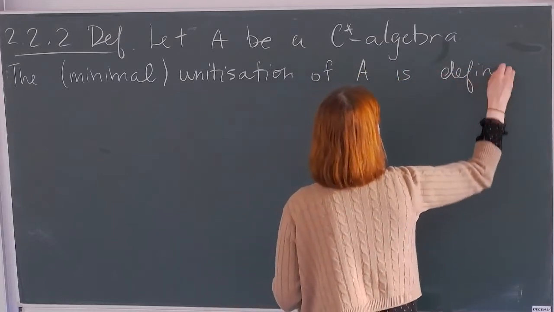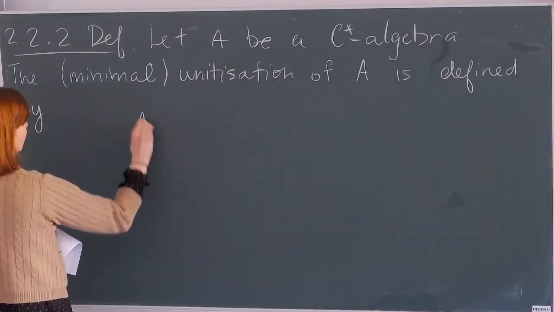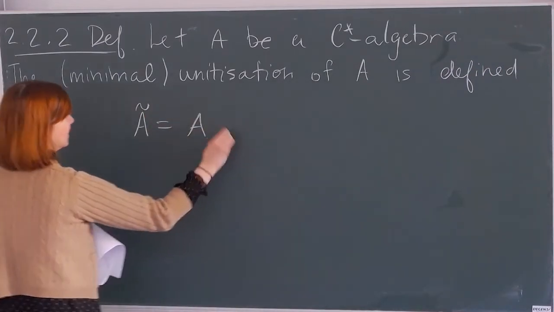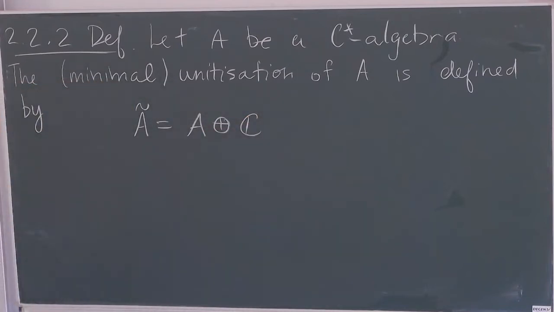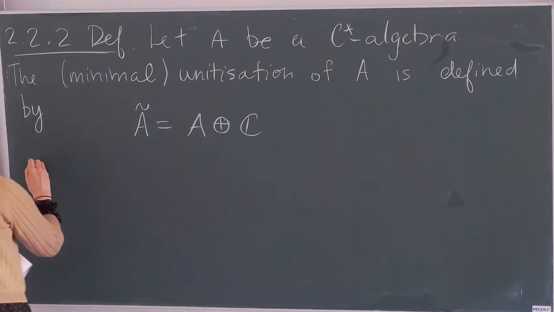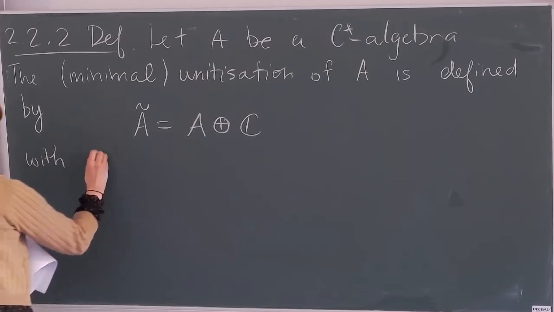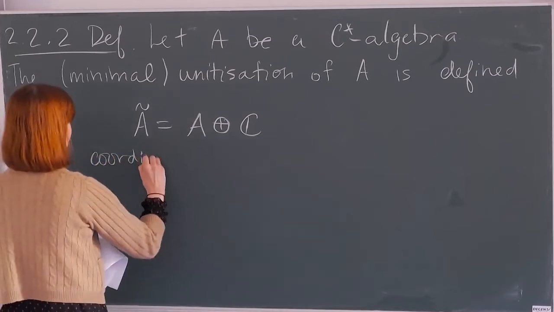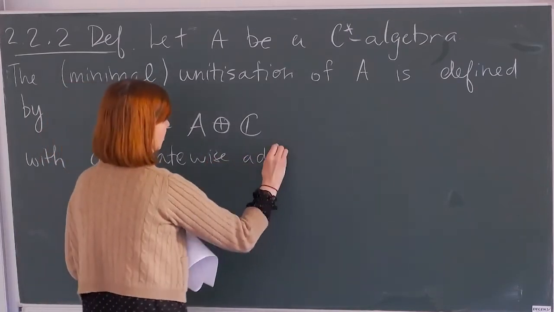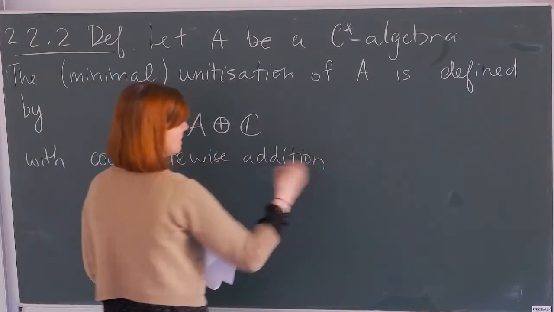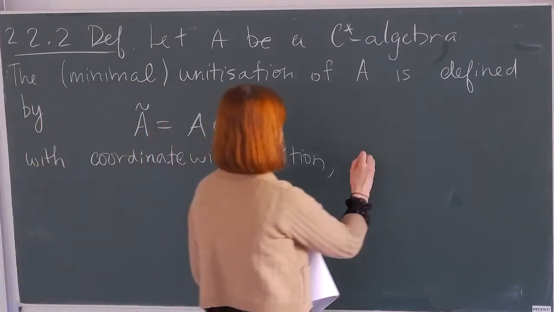So it's defined by, again, I will denote this by A tilde. As a vector space, it's just the direct sum of A and C, with coordinate wise addition, and the same multiplication as we had for the Banach unitization.